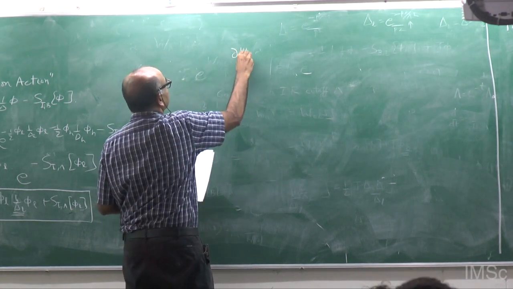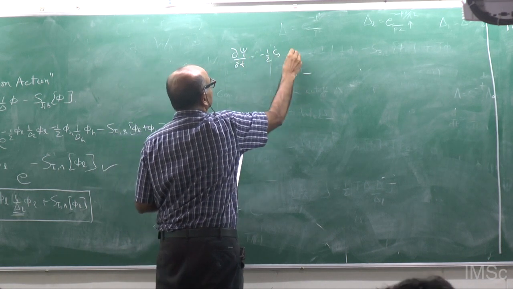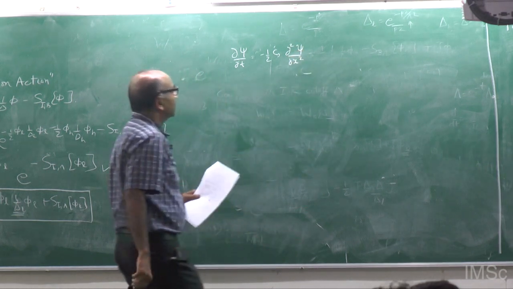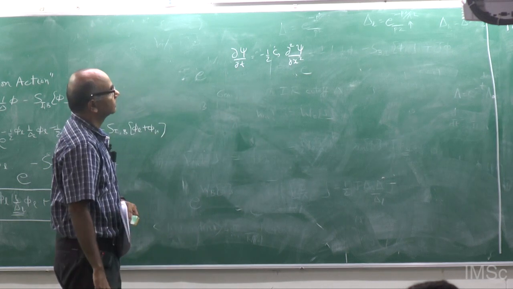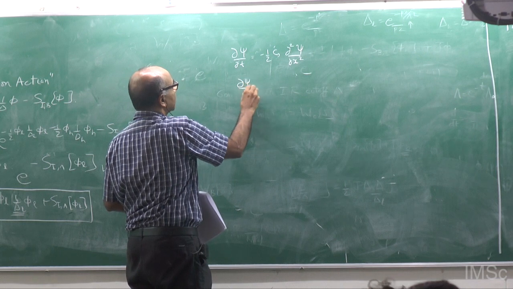So d psi by dt is minus half G dot d squared psi by dx squared. If I define G as my variable instead of t, this equation becomes d psi by dG.